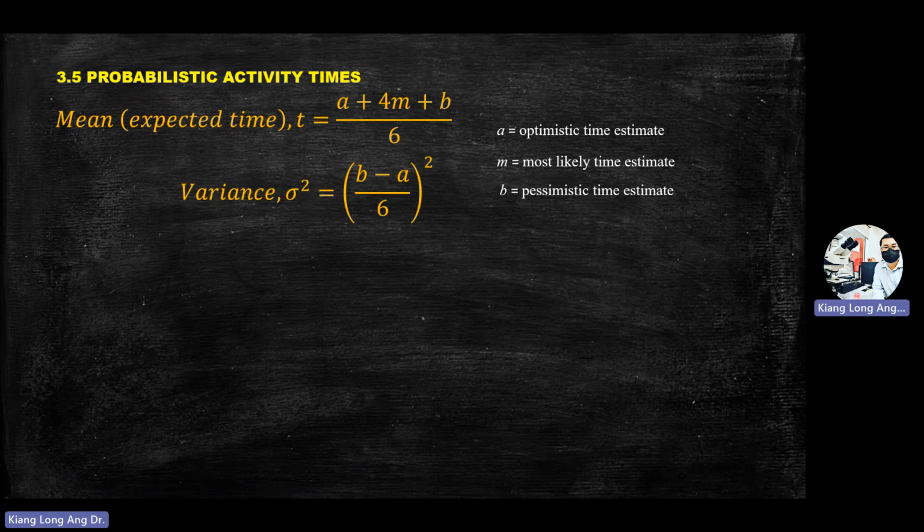Okay, next one is called variance. Again, statistics chapter. Variance: you take b minus a divided by 6, squared. So from variance, the sigma here, if you move the square to the right hand side, you get square root. You'll get standard deviation.